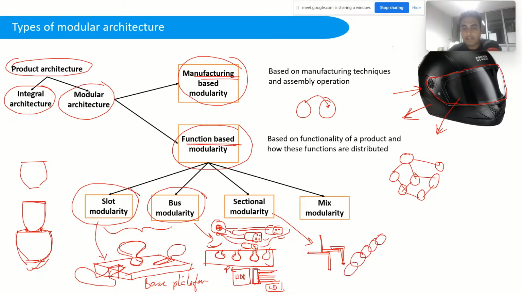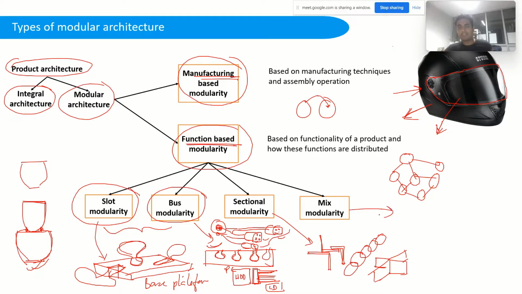A chain can be sectional modularity. Cubicles in an office can be sectional modularity: you have the same rectangular pieces which you can arrange to create different designs. So these are sectional modularity.